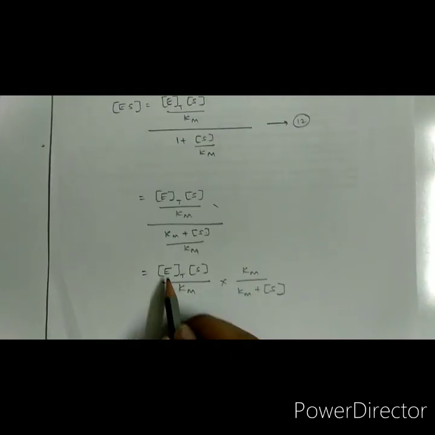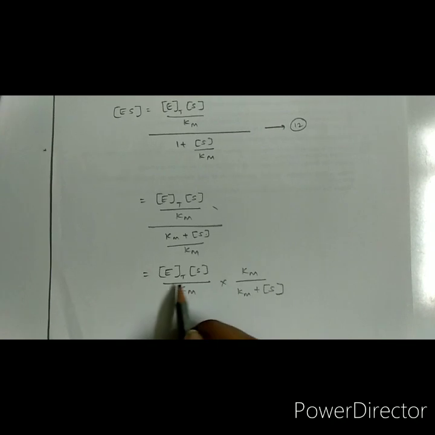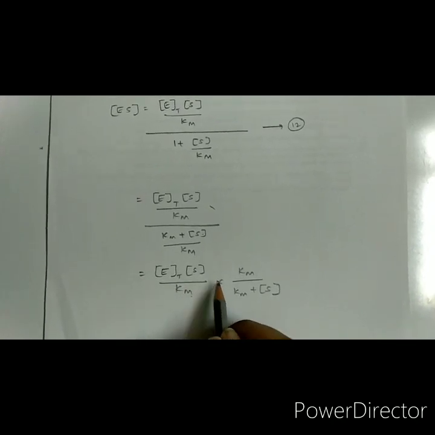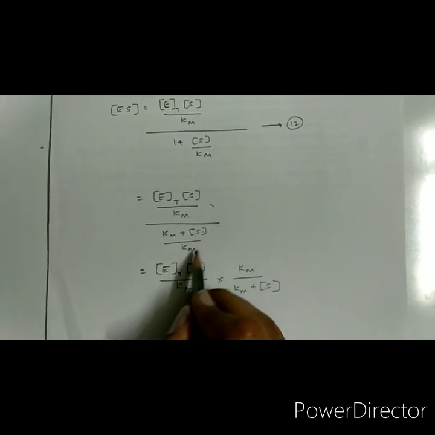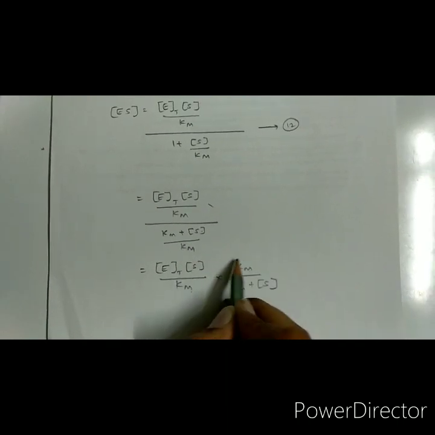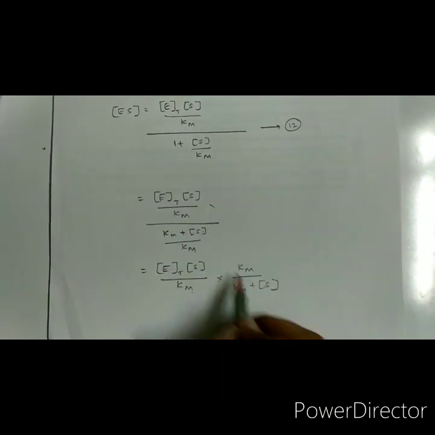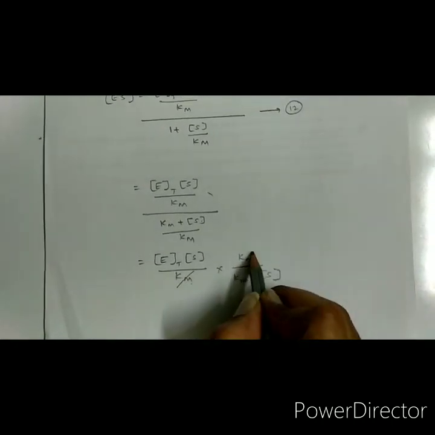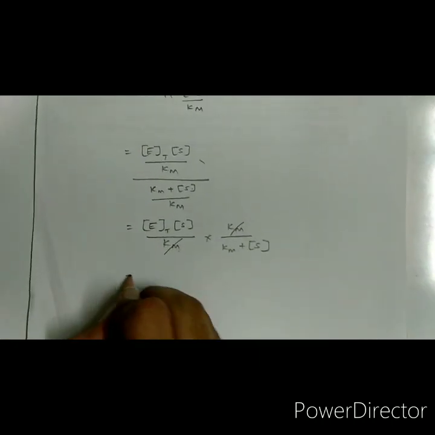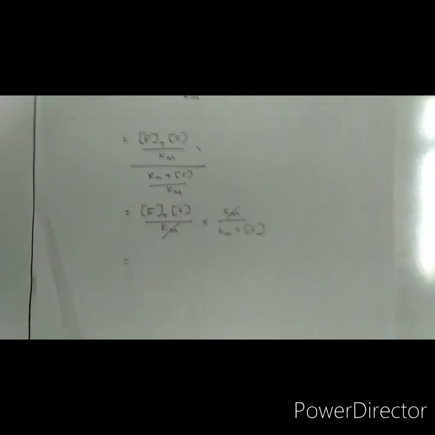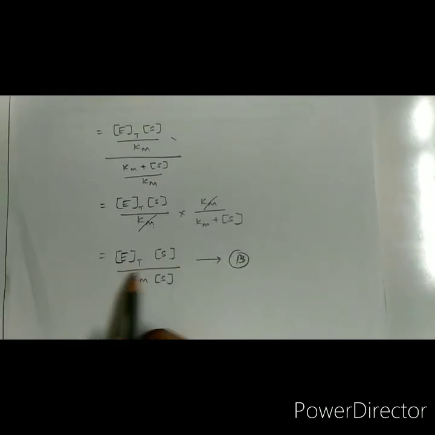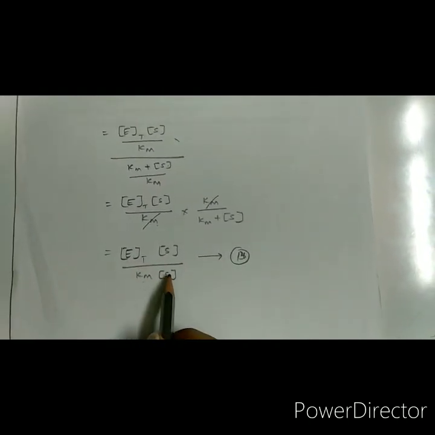If we bring this to the numerator side, we get Et into S divided by Km into Km divided by Km plus S. Now this Km gets cancelled, so the overall equation will be Et into S divided by Km plus S.